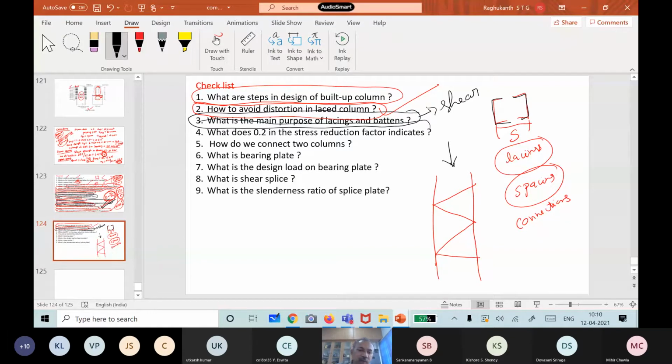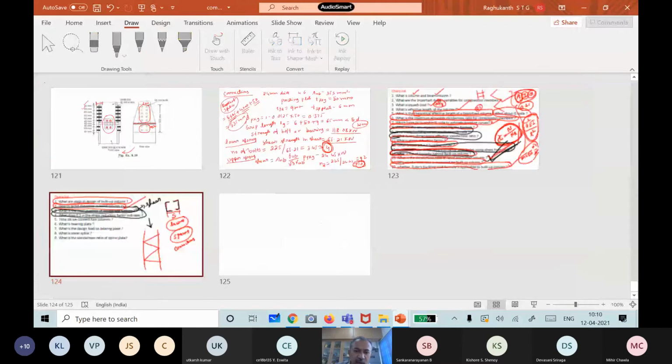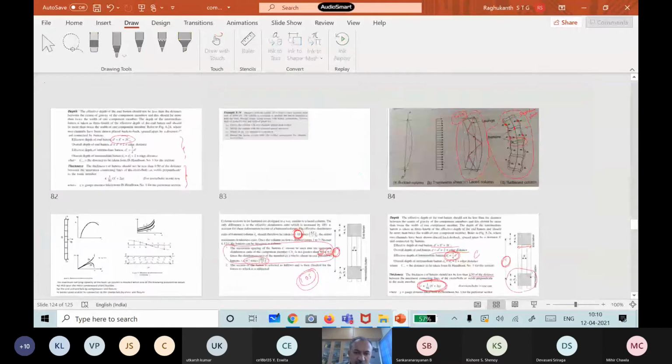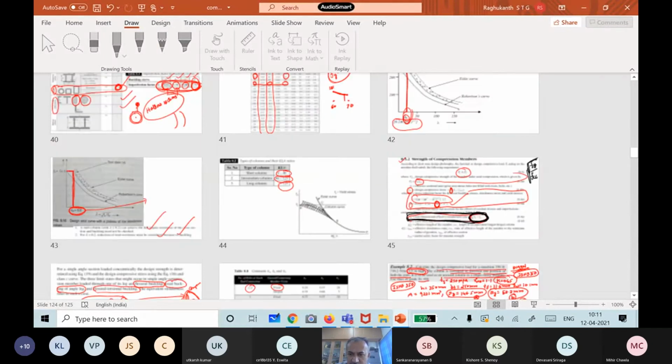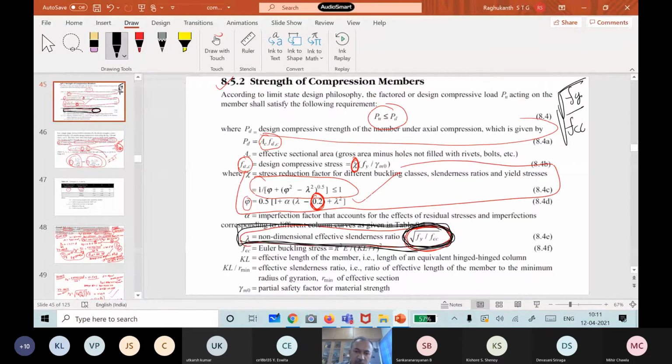Now this one is very important. What does the 0.2 in the stress reduction factor indicate? You remember that 0.2 in the original formulas in the IS code for reduction factors. Here we are using 0.2. You remember this one. What is this 0.2?